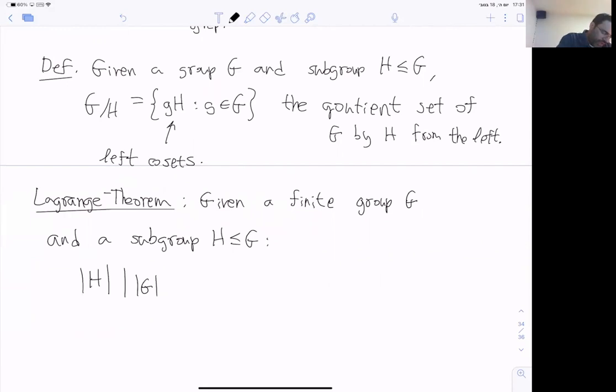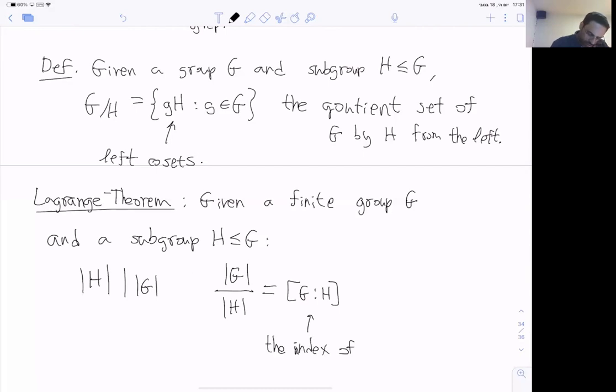So we can talk about the order of G divided by the order of H. We call it the index of H in G. So it's not two things; it's the same thing actually.